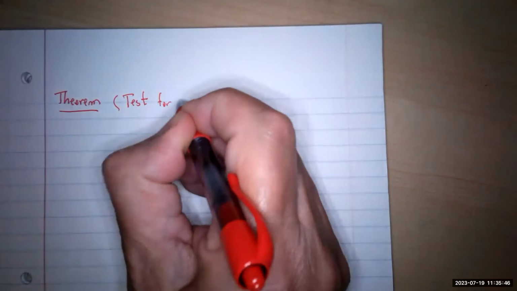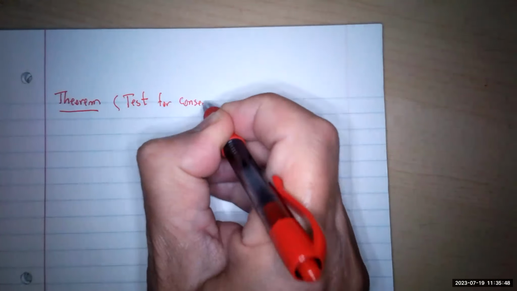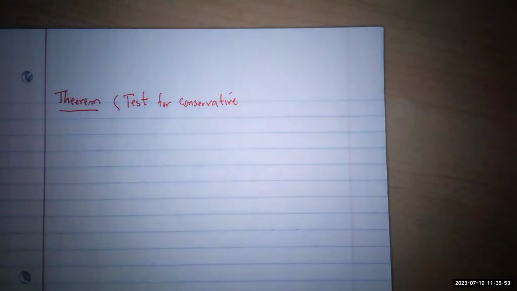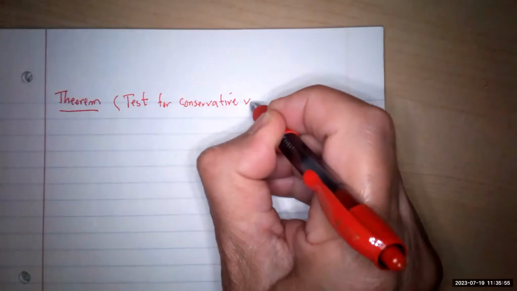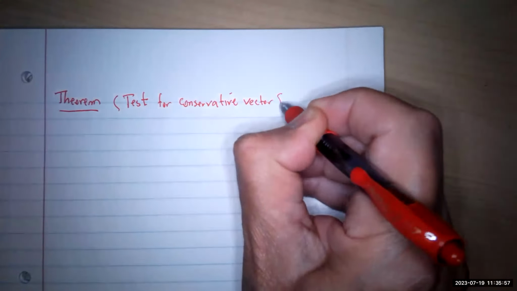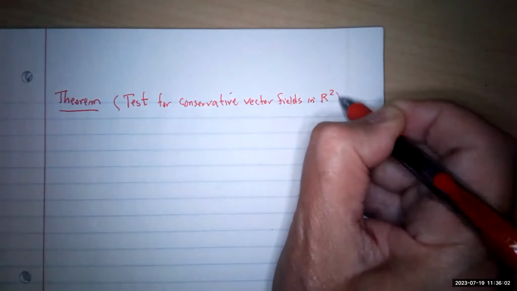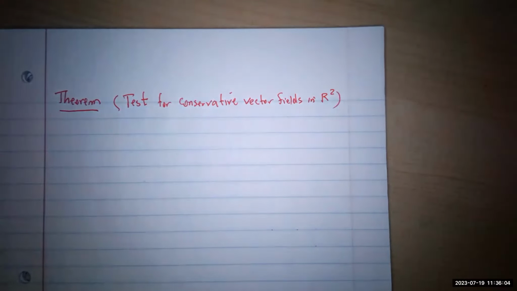Okay, theorem: we can consider this one as a test for a vector field to be conservative, for conservative vector fields, of course, in R2. So that's it.